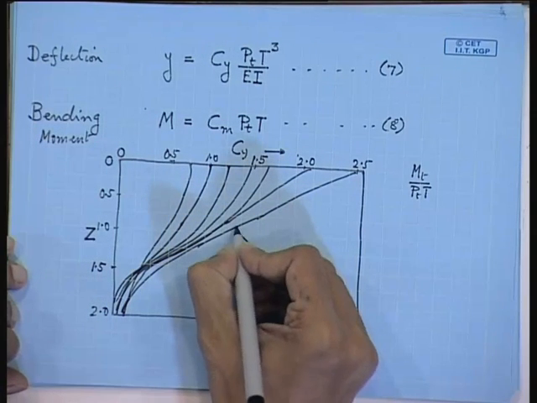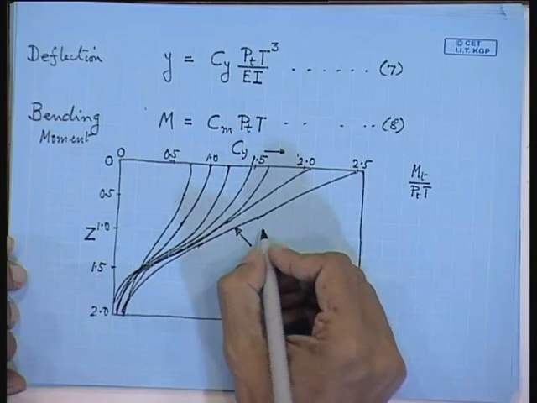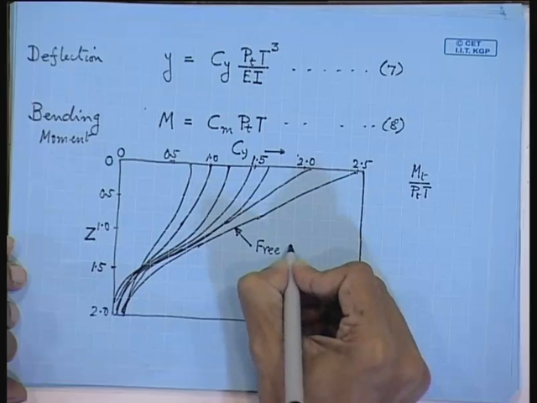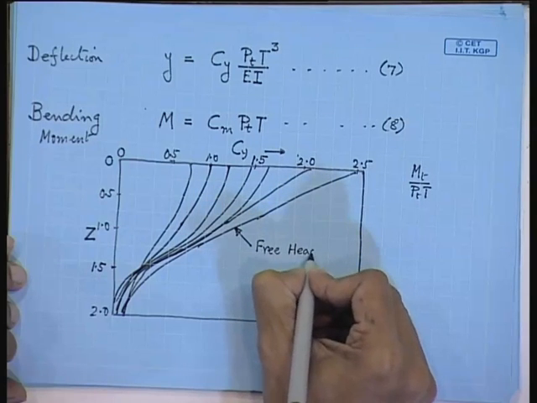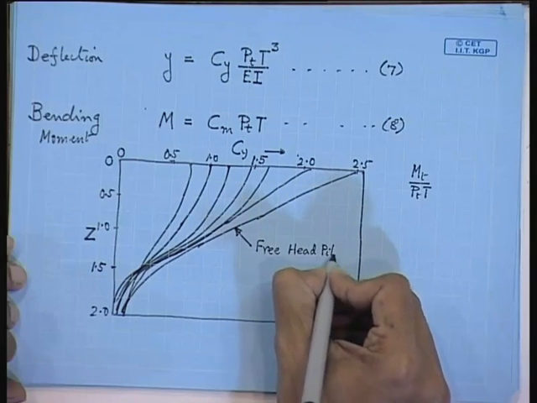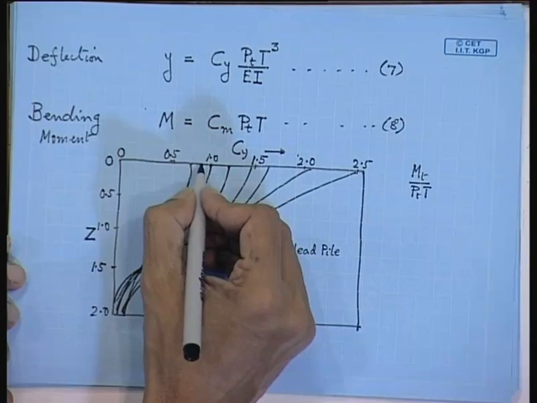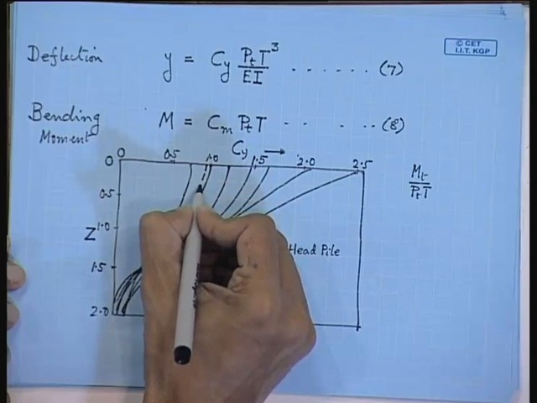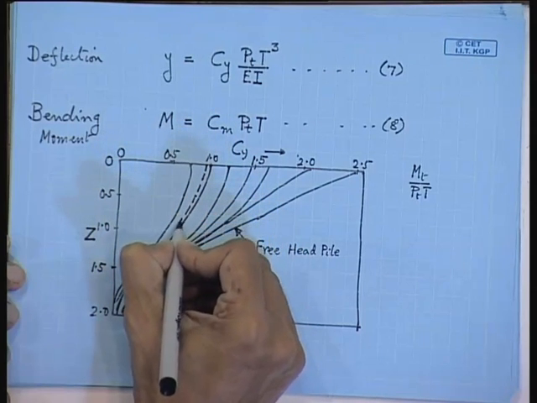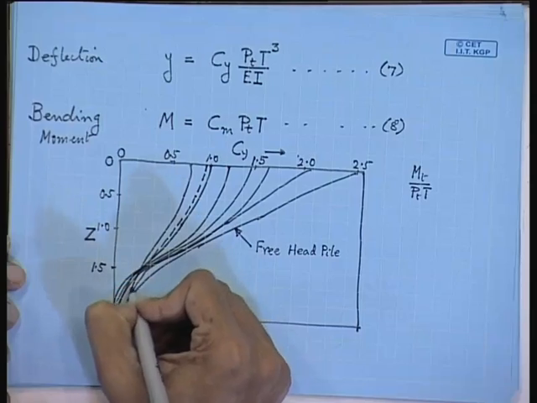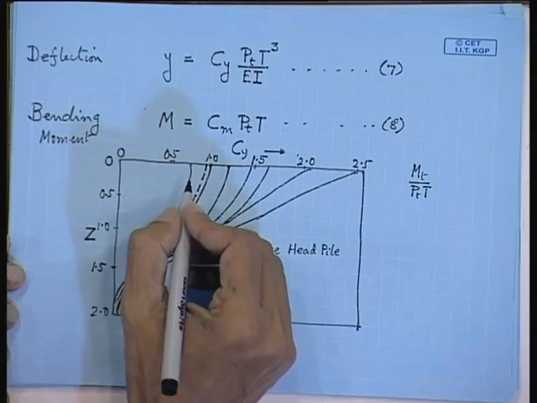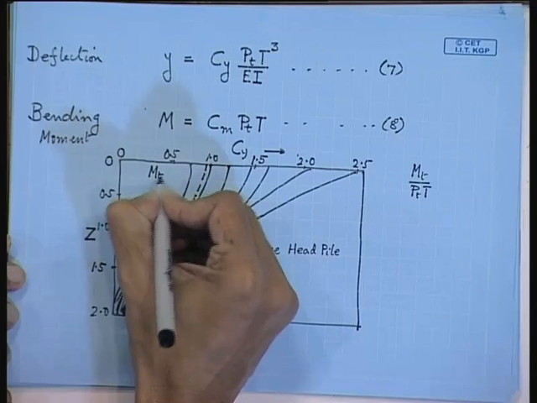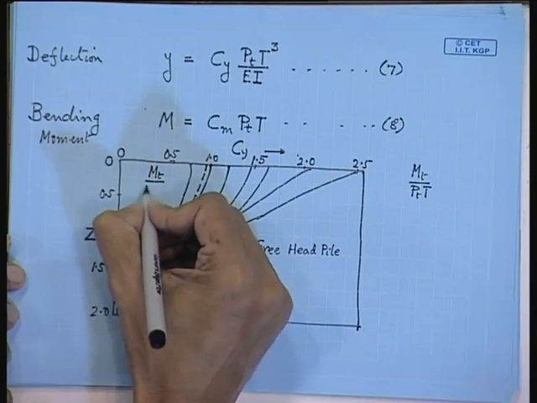Now, the outermost one is your free head pile. And there will be another line which will be somewhere here. Now, these set of curves are various values of this ratio. So, these are values of MT over PTT.